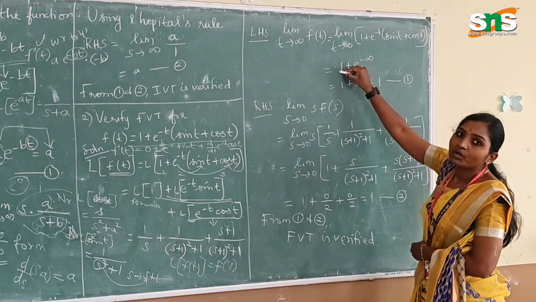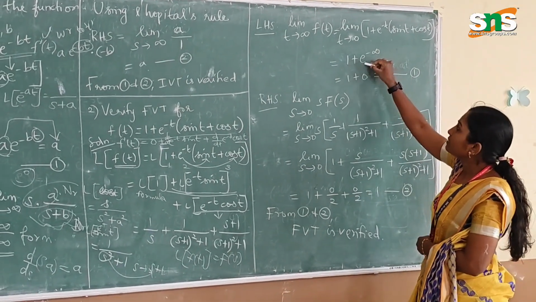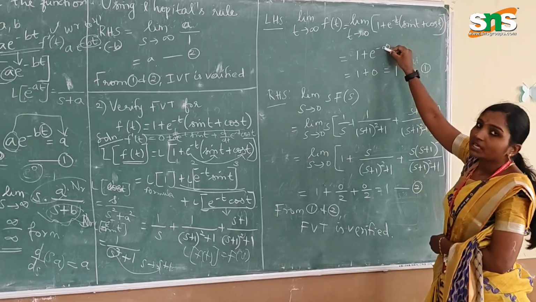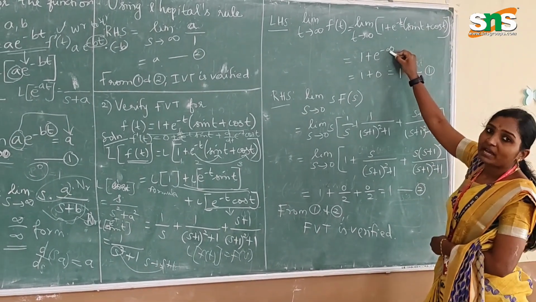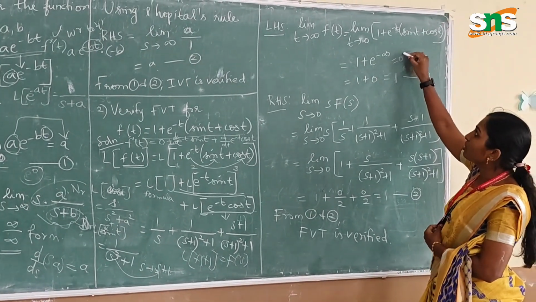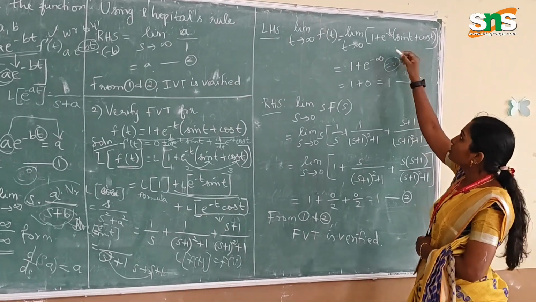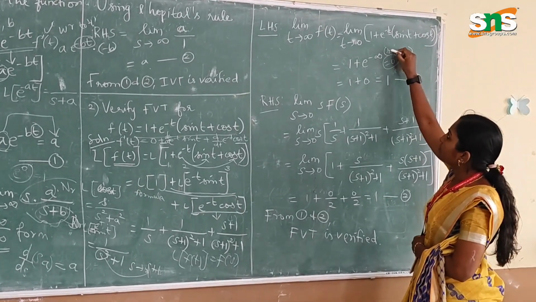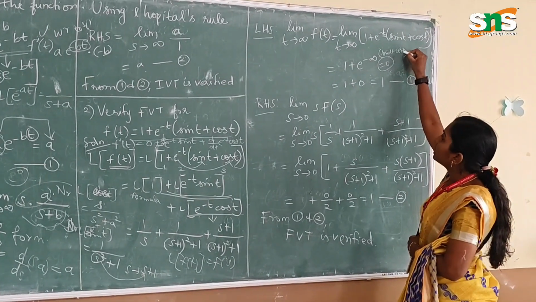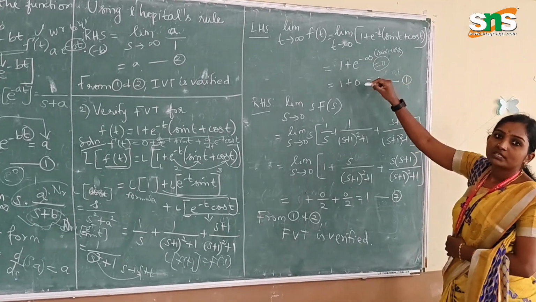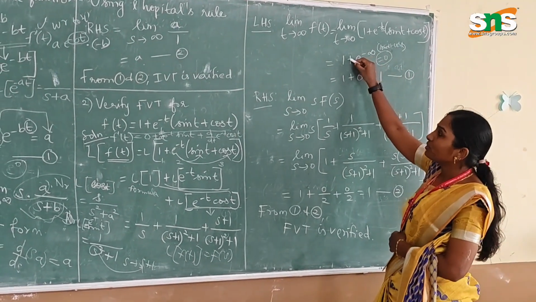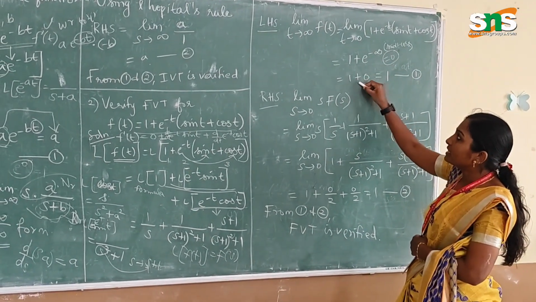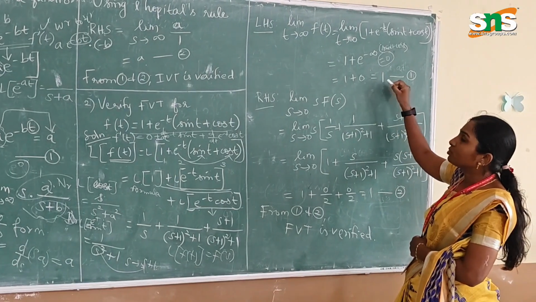This 1 will become 1 only plus e power minus infinity, we knew it is always equal to 0. So we need not worry about sin infinity plus cos infinity. Anything into 0 will become 0.